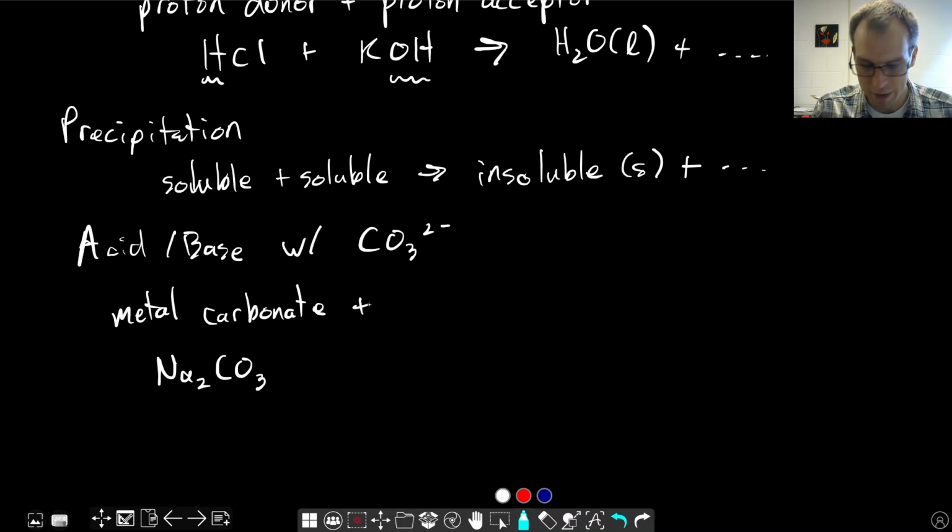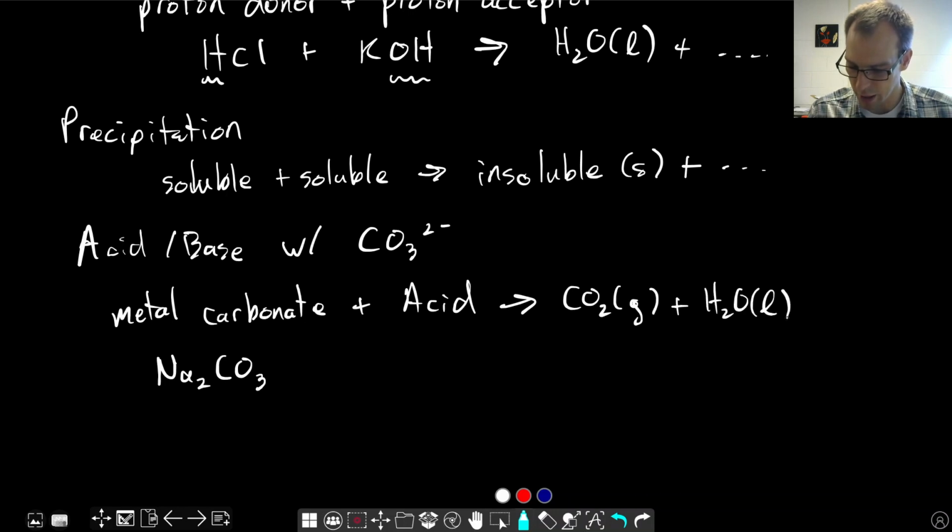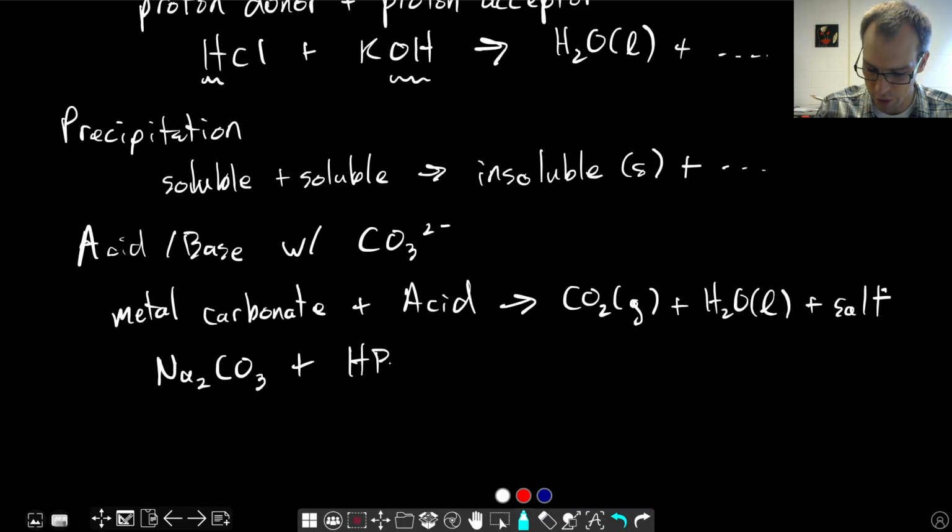And then if we react this with an acid, we will form carbon dioxide gas, water liquid, and then a salt. I think doing an example makes this more clear. So let's look at sodium carbonate plus, let's pick a strong acid, HBr, hydrobromic acid.